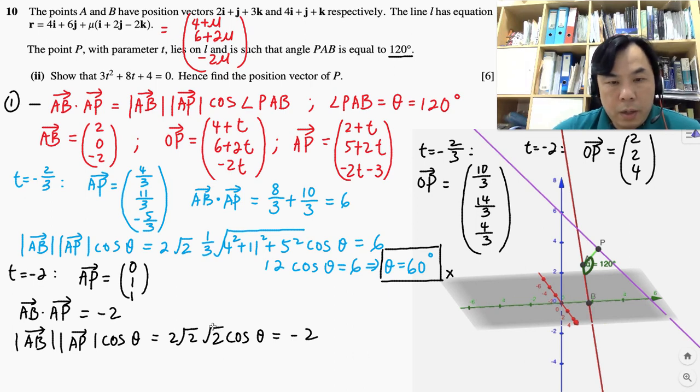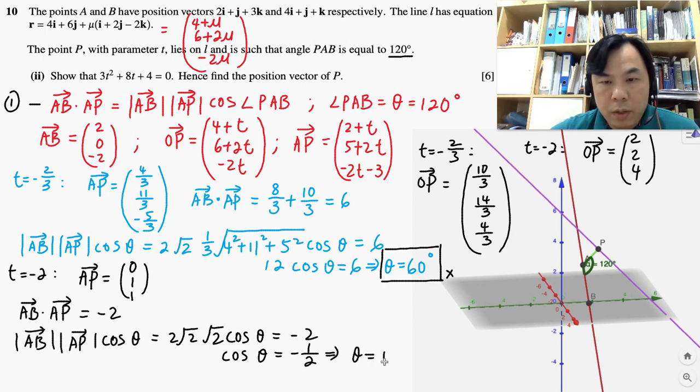And then that will be typically, what do we have here? A 2, a 4, -1/2. So cosine theta equal to -1/2. And then that would yield an angle of 120 degrees. We are only interested in 0 until 360 degrees.